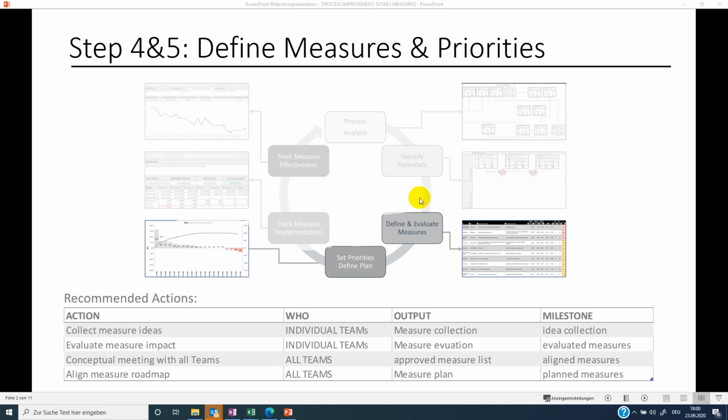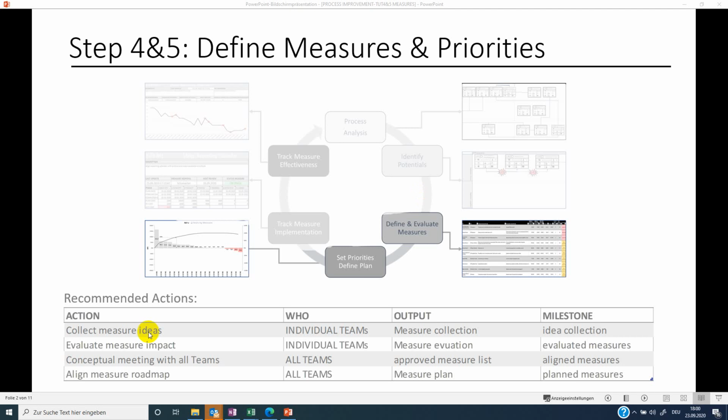With that transparency created, we identified the first potentials, let's say the first flaws within the existing process. And now we will be looking at the definition of measures for the identified potentials so that we can improve our existing process.